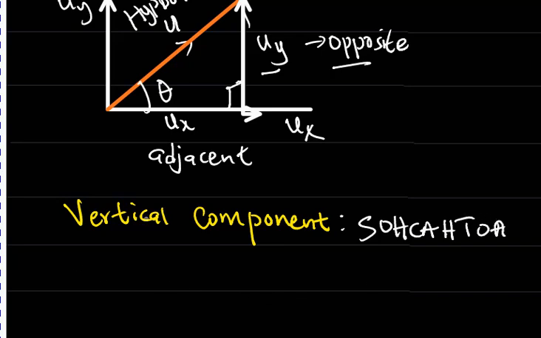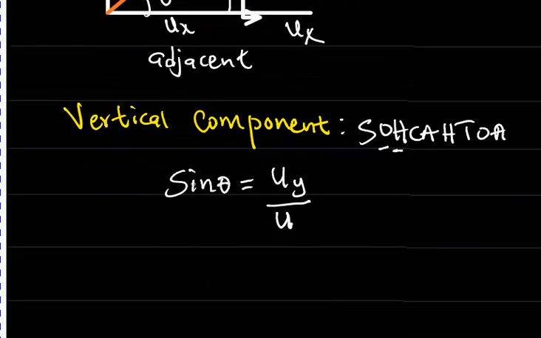So invariably, opposite over hypotenuse is sine. So the sine of theta is equal to the opposite, which is the vertical component that we're looking for, divided by the hypotenuse, which is the velocity u. So to find the vertical component uy, we'll cross multiply.